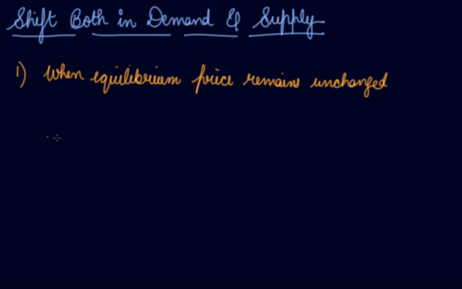This means when the shift in demand is equal to the shift in supply. When the proportional shift in demand is the same as in supply, the equilibrium price remains unchanged.